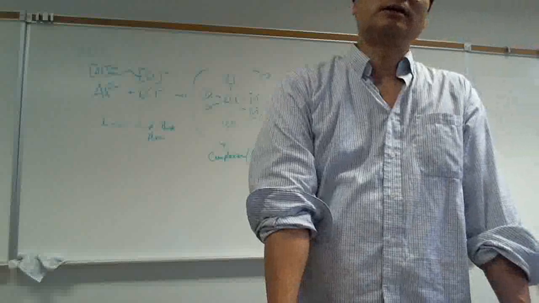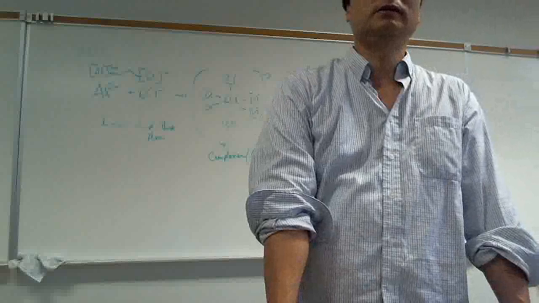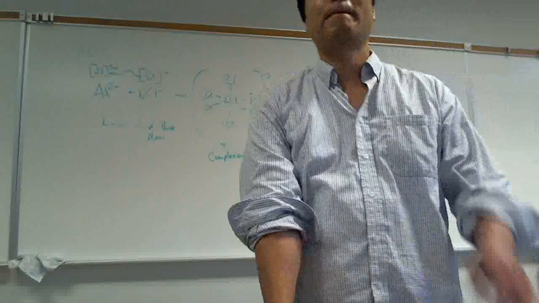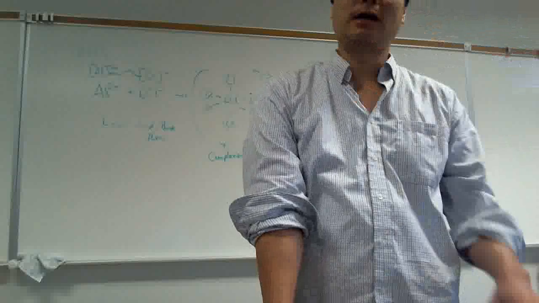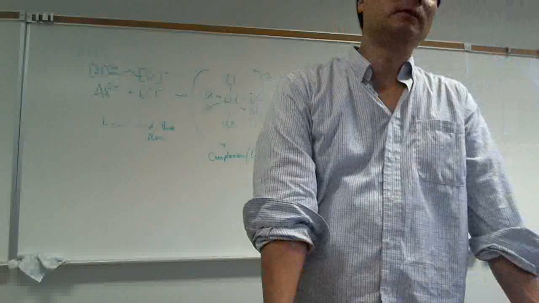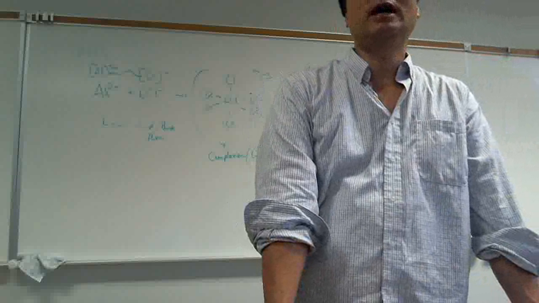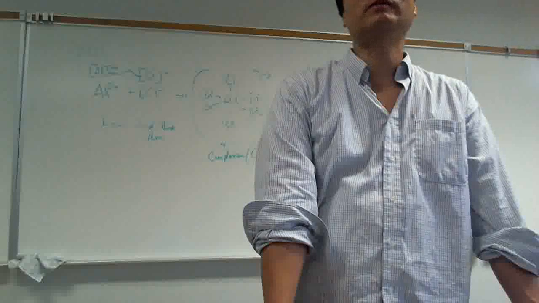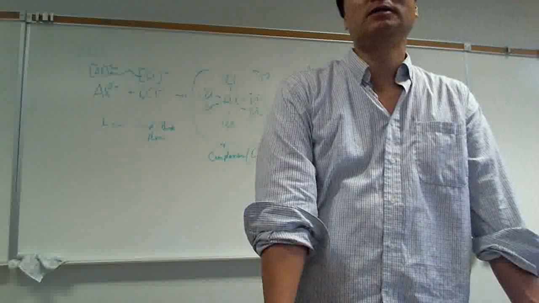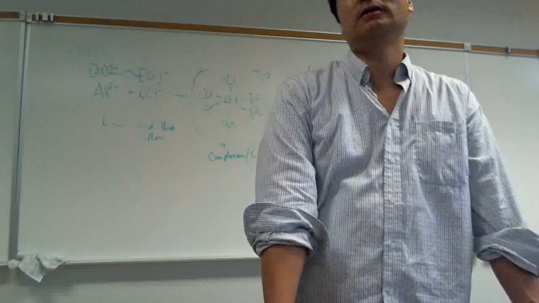Lewis acid-base reactions are more complex, so we look at those in Chem 1B rather than in Chem 1A. So let's not worry about it now. Although it's something you have to keep in mind when you're thinking about chemical reactions, there's acid-base, but we've been focusing only on Bronsted acid-base. Much easier to deal with.